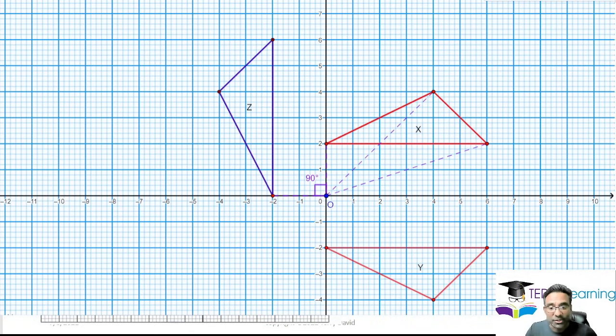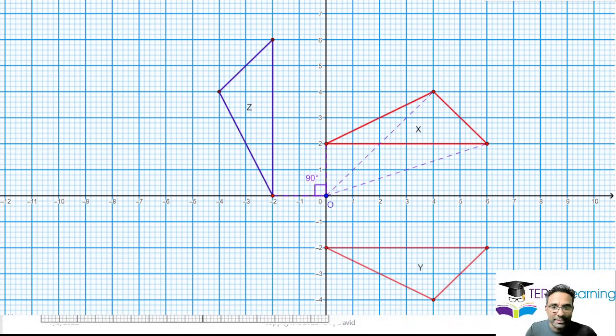So let's look at it again. Watch what's happening here. I started off with my triangle X and I started to rotate 90 degrees, in an anti-clockwise direction. Keep rotating, and then boom, reach 90 degrees and it lines up exactly. So it has lined up exactly.